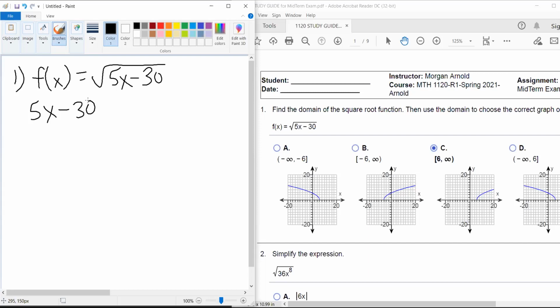So 5x minus 30 is greater than or equal to 0. And then we will just solve for x. So we'll add 30 to both sides. And we have now 5x is greater than or equal to 30.